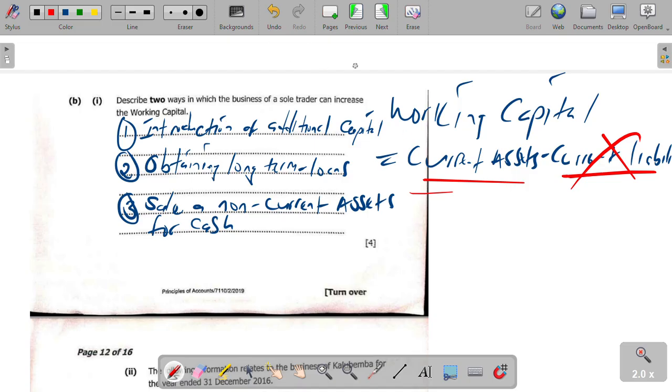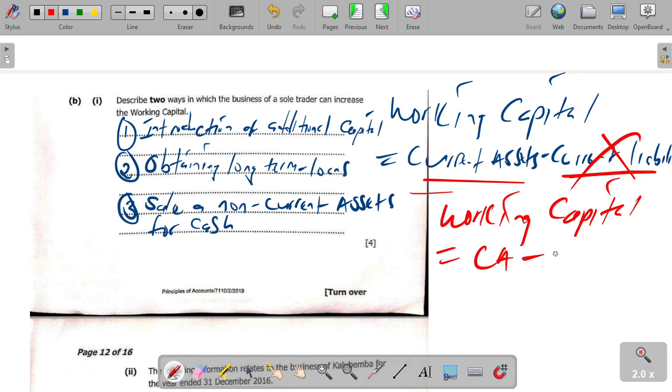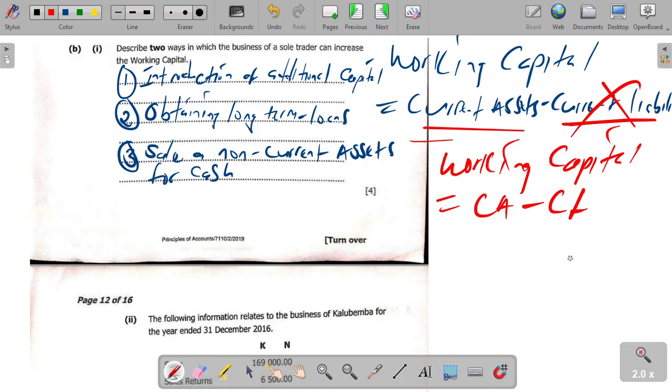Sometimes the examiner will ask you to calculate the working capital. This is the formula you use: working capital is equal to current assets minus current liabilities. Maybe the examiner will ask you to calculate current assets, or sometimes current liabilities.